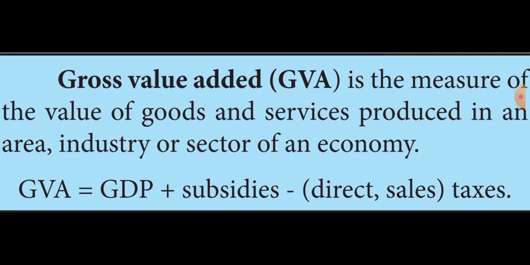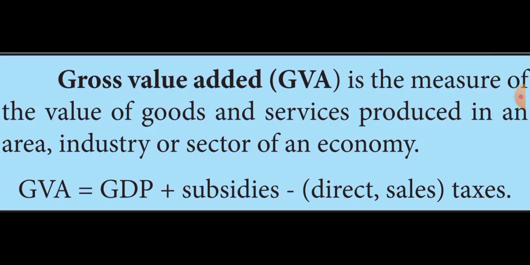In national accounts, GVA is output minus intermediate consumption.